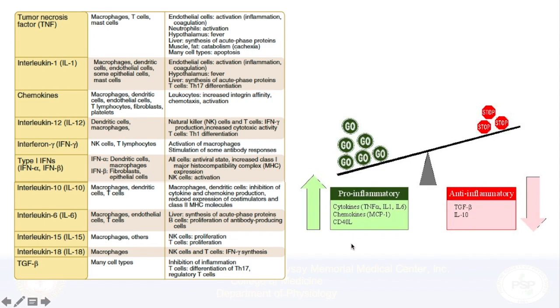Examples would be your TNF alpha, secreted by the macrophages, interleukin 1, also secreted by macrophages and other phagocytic cells, and your interleukin 6 here. Each of these pro-inflammatory cytokines would have different effects.